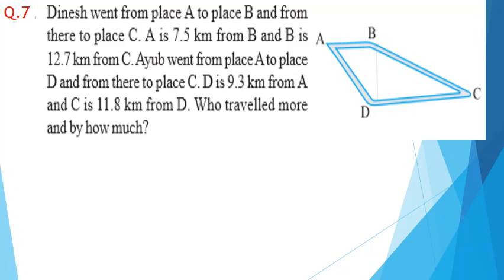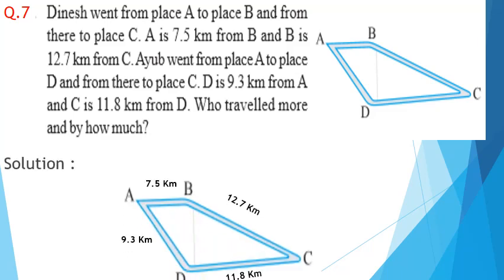Before solving the question, we can redraw the figure and we can mark the distance given from the questions as shown below. It is clear A to B is 7.5 kilometer and from B to C it is 12.7 kilometer. Also given A to D is 9.3 kilometer and D to C is 11.8 kilometer.